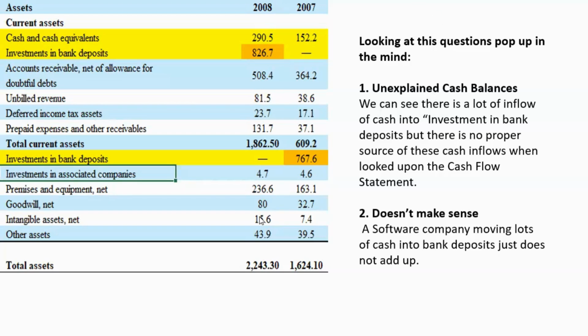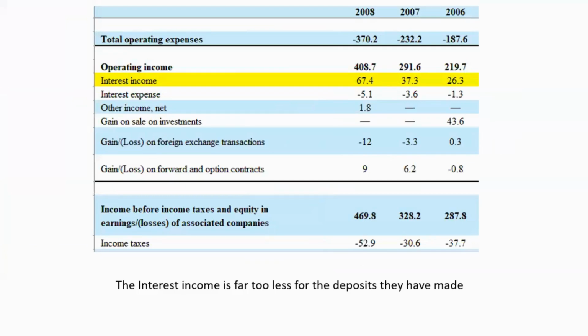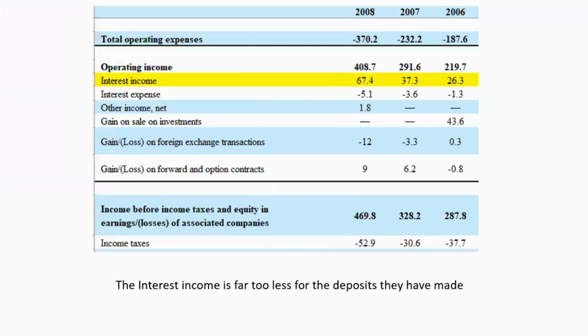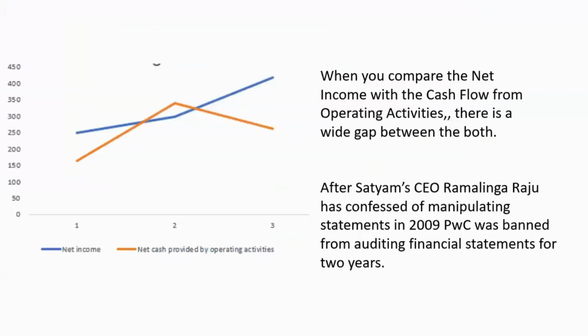And again, if you see the interest income, we had that much cash balances, but don't you think the interest income is far too little for the deposits they have made? And this is the first red flag.